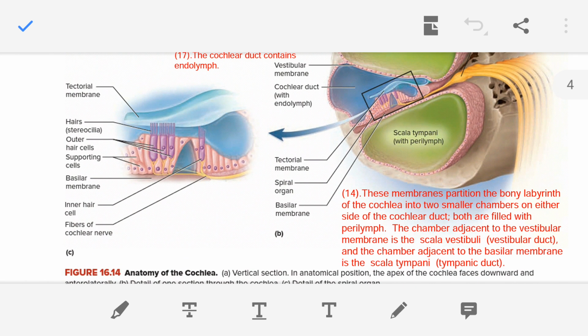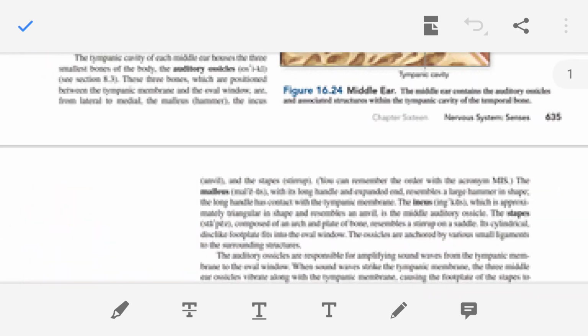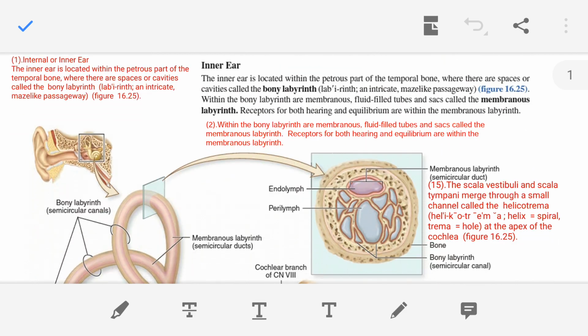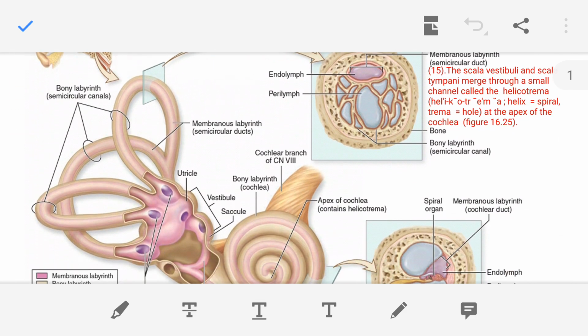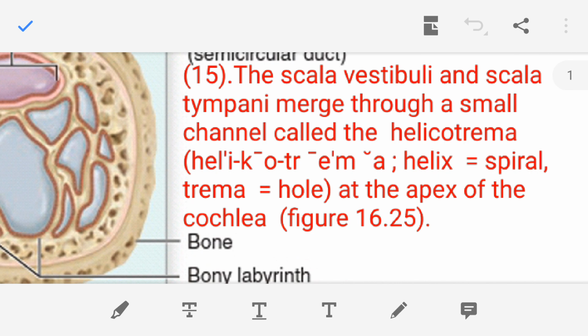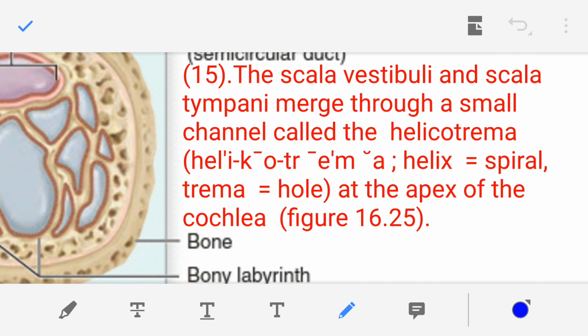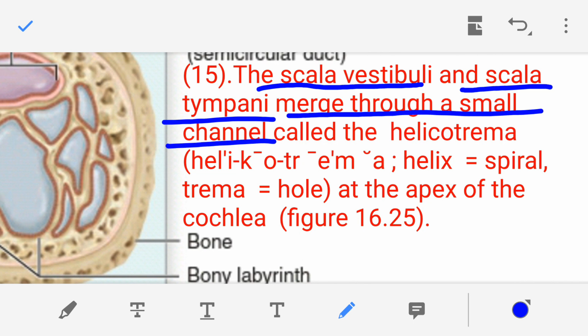Now point number 15. Scala vestibuli and scala tympani merge together, they join each other through a small channel, and this small channel which joins scala vestibuli and scala tympani is known as helicotrema.